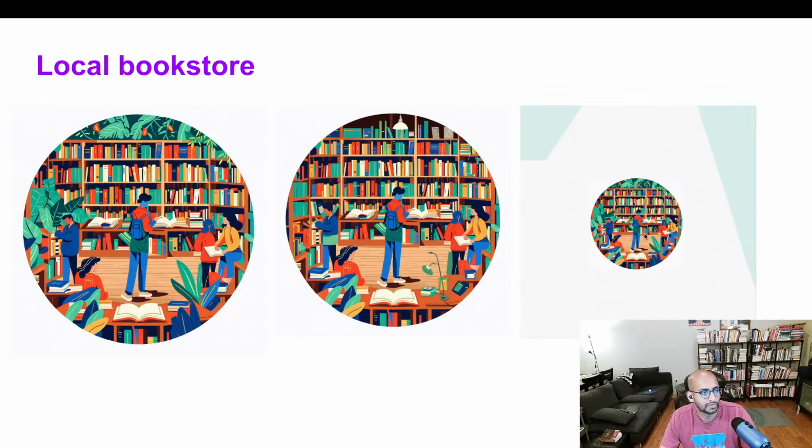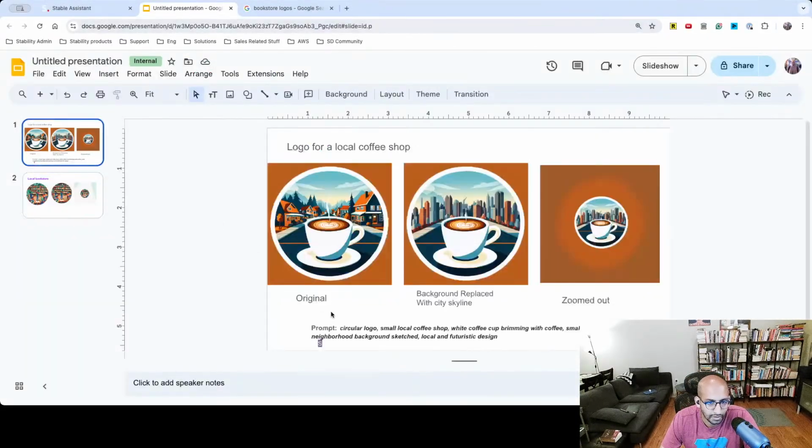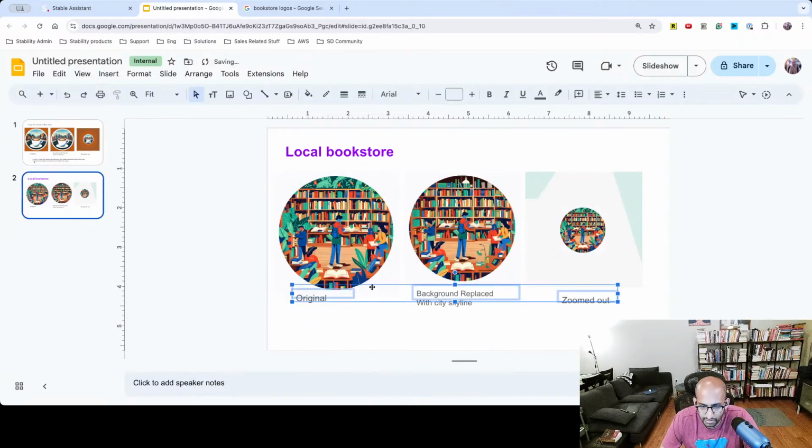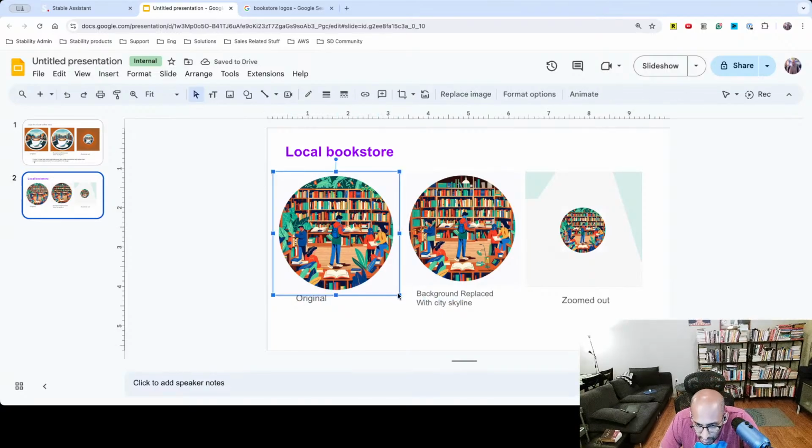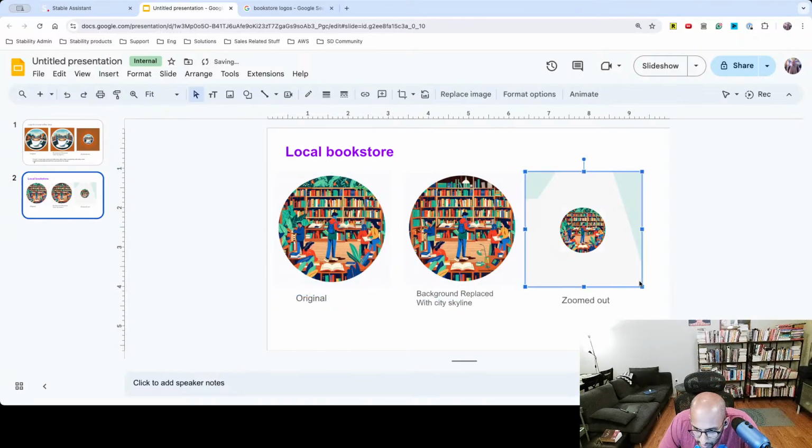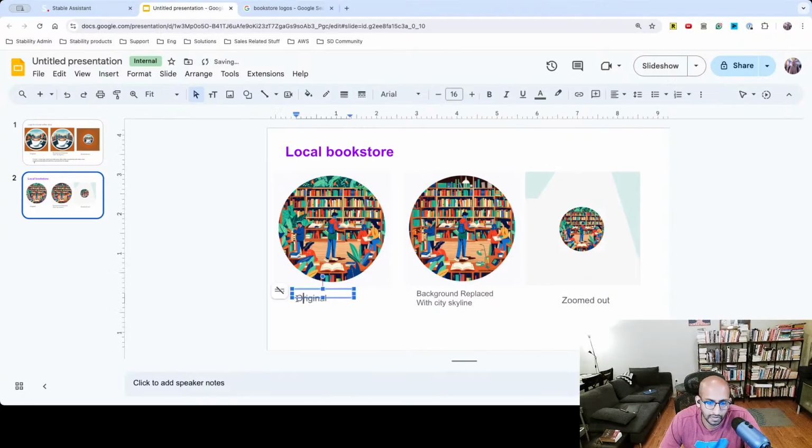And this is the zoomed out image. I think we can actually largely copy this and paste them here. Actually, this needs to be a bit smaller. There we are. Okay, you can move here.